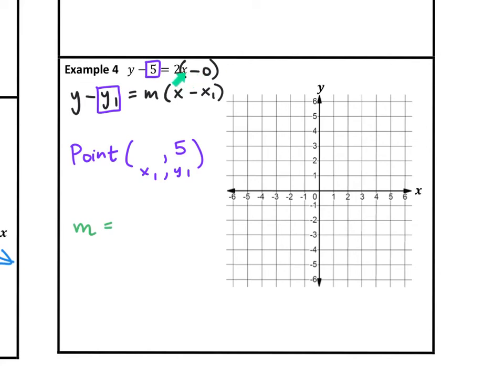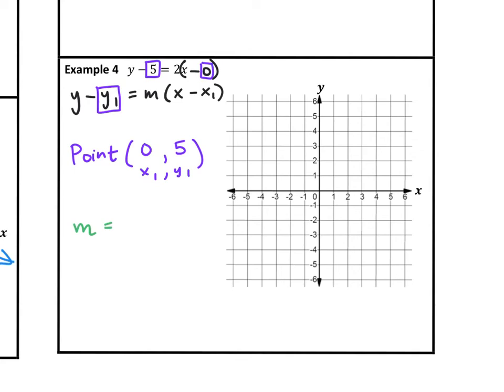And so x minus 0 will become x. And what's 2 times x? Is 2x. So in a way, it's like there's a 0 there. So my x1 is 0.